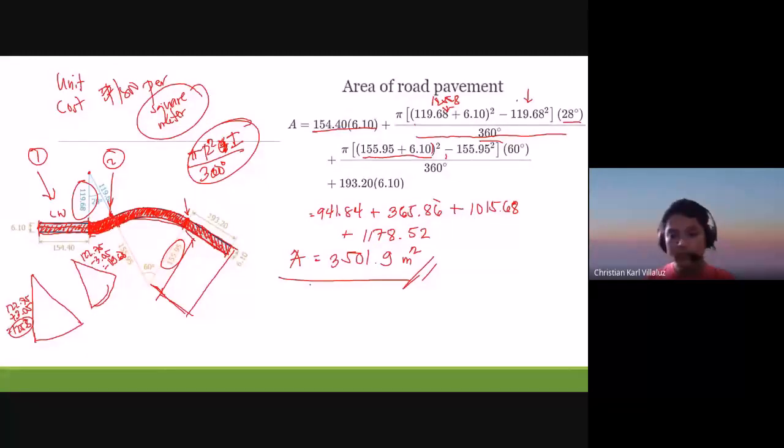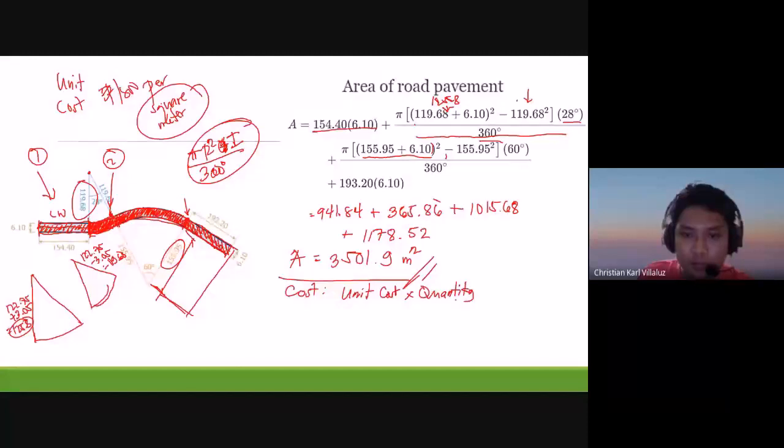Okay, ganun din. Let's continue. Since we already have the area, we can compute the cost of the pavement. So the cost is just unit cost times yung quantity. So unit cost is 1,800 pesos per square meter.